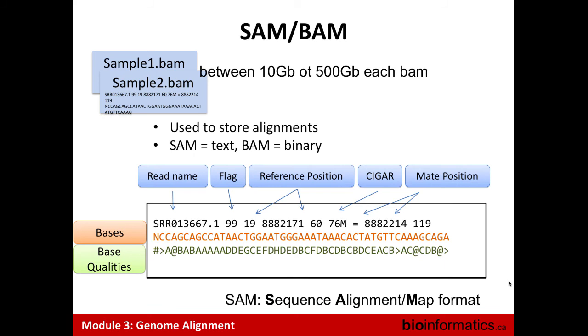You could have some CIGAR strings like that, because you could have soft clip, hard clip. You could have a lot of events arise when you position your sequence on your reference, like deletion, insertion. So the worst would be like few matches, deletion, few matches, deletion, insertion, few matches.